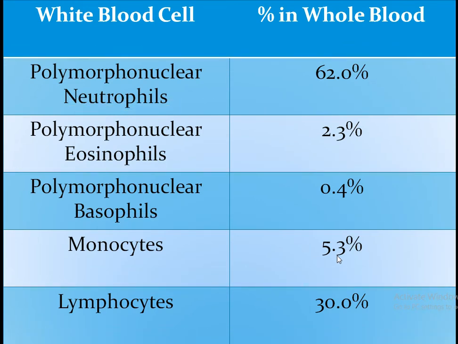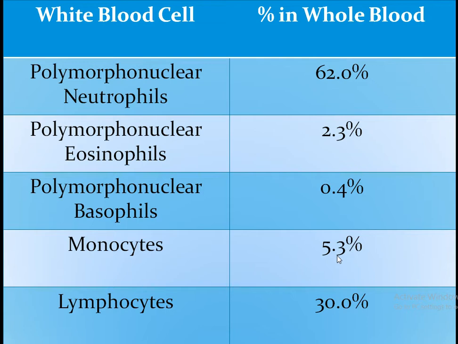Through this table, I want to show the percentage of different types of the WBC in the blood. The most abundant is the neutrophil, which is 62%.